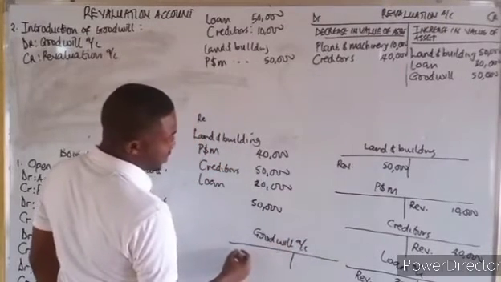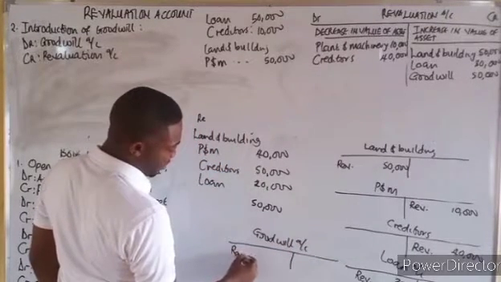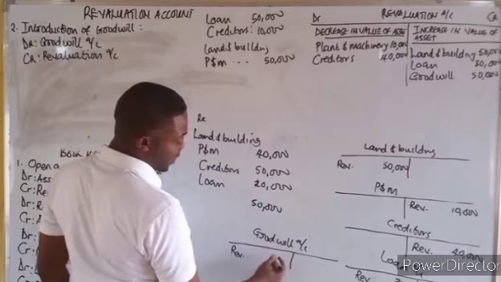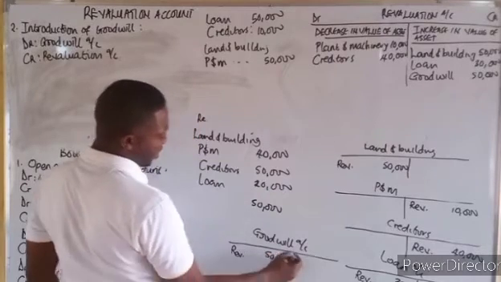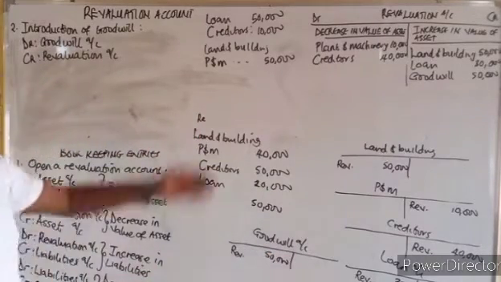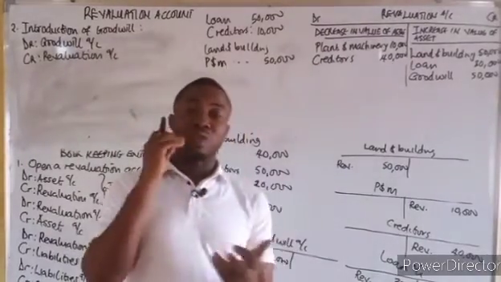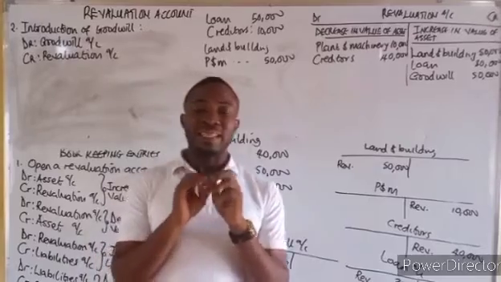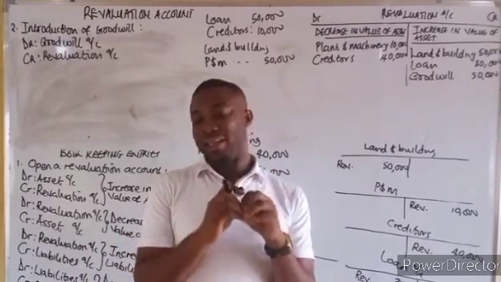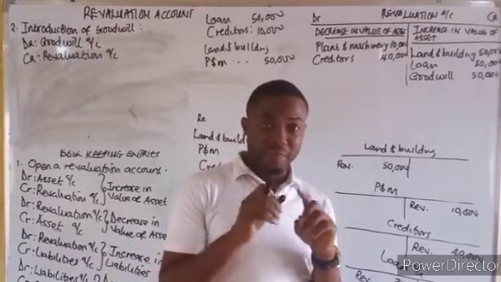You debit it here as revaluation or opening balance before, 50,000. Okay, so that will reflect when there's introduction of goodwill. Okay, because introducing goodwill is very important since you are revaluing the asset. Okay, so watch out for that.